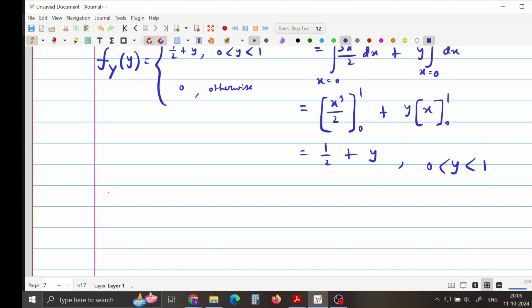So first let's find expectation of x. How do we find expectation of x? From the PDF, we basically have to integrate in this case because they are continuous random variables. So x times the PDF dx, x running from minus infinity to infinity, this is the general definition.